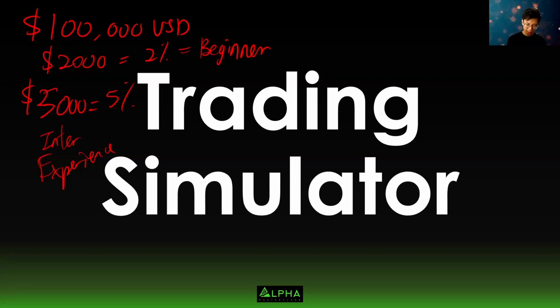Now, the market that I'm going to trade later is gold. In the gold market, the lot size that I'm going to give you guys is 0.10 lot. Fair? $100,000, 0.10 lot.